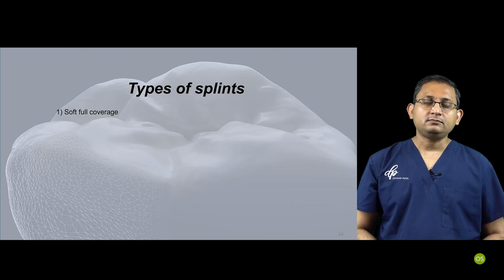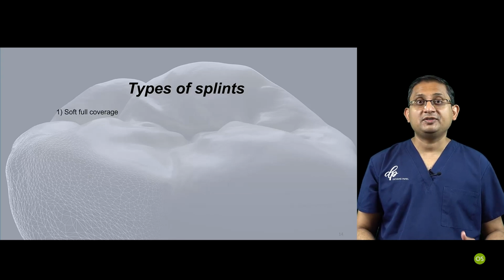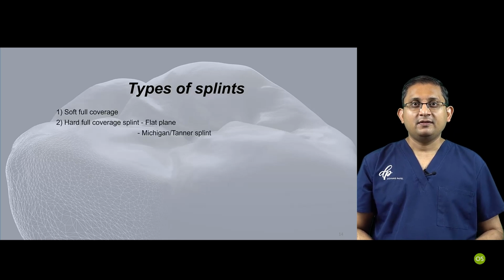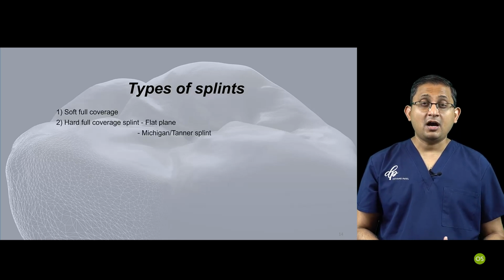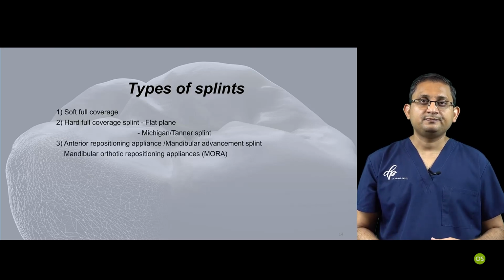Now, this splint is very commonly used because it's easy to make, and we'll discuss that in a minute. The other type is a hard full coverage splint with either a flat plane or the guidance inbuilt in that.